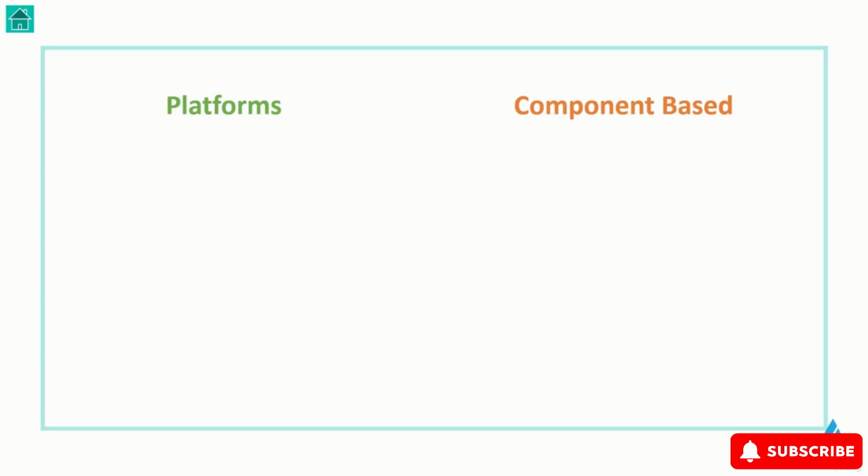Strong community support. React Native has a huge and active developer community that contributes to the framework's growth and enhancement. This implies that developers have a plethora of resources, frameworks, and tools at their disposal, making it easier to design high-quality programs.